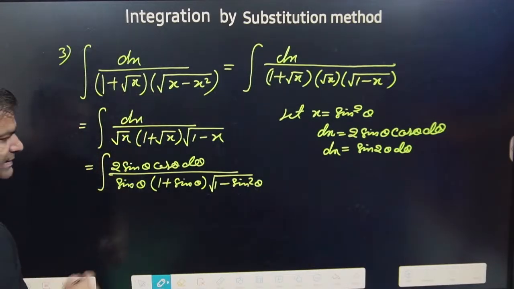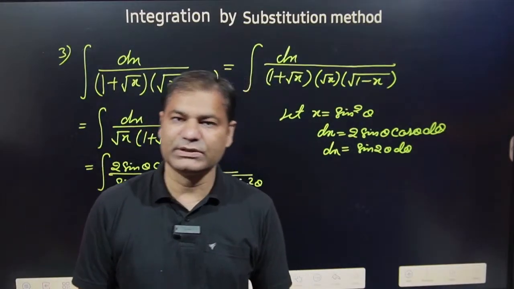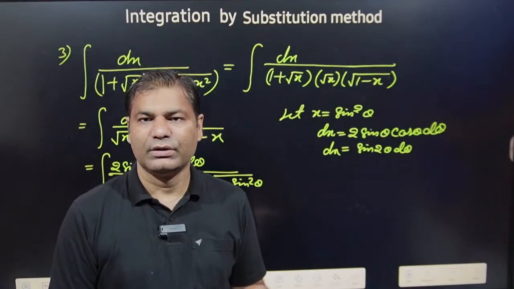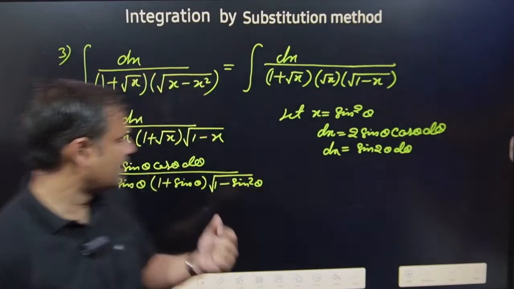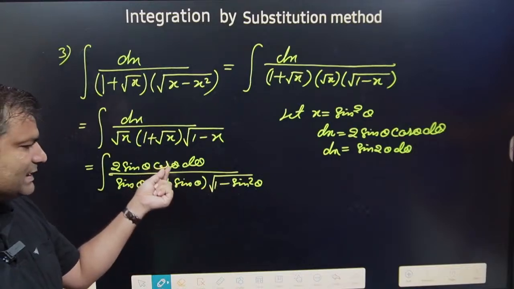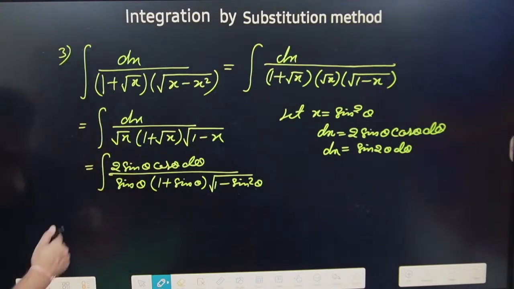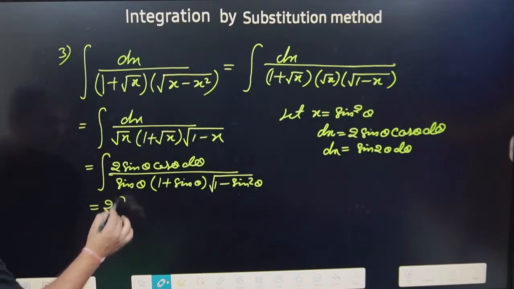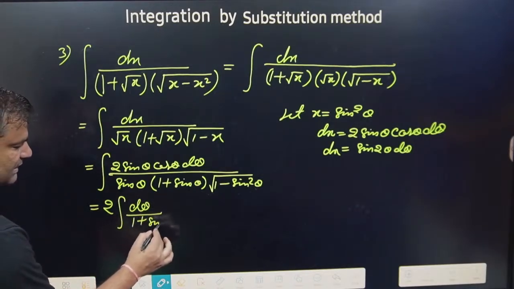Sin theta cancels, and 1 minus sin square theta is cos square theta, so under root cos square theta is basically cos theta. So that cos and that cos cancel, and that sin cancels. So we get 2 d theta divided by 1 plus sin theta.